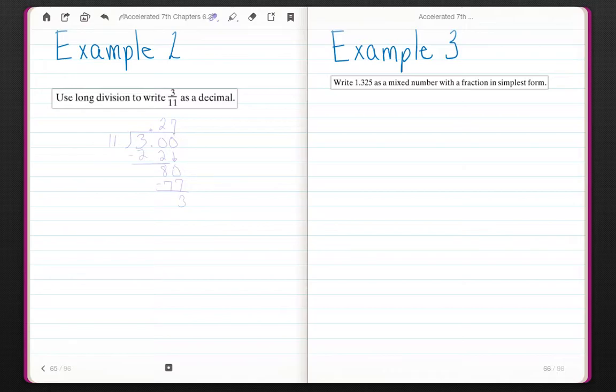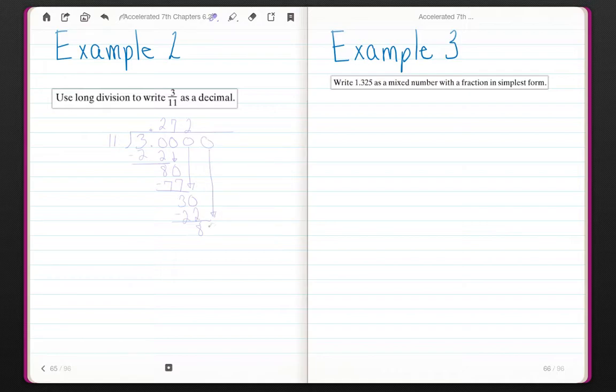Okay, 11 doesn't go into 3, so I need to add another 0. Bring it down. Again, 2. 2 times 11 is 22. 30 minus 22 is 8. Add another 0.